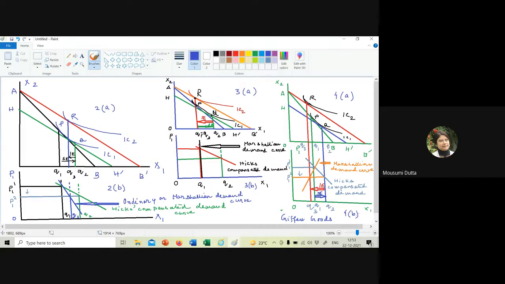Here, substitution and income effects move in opposite directions.